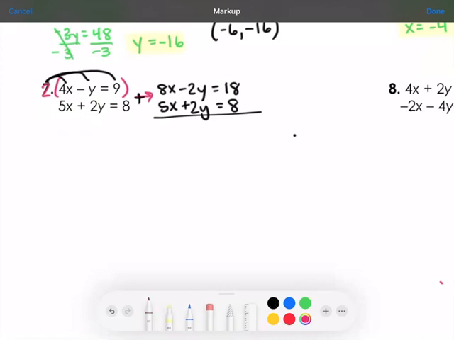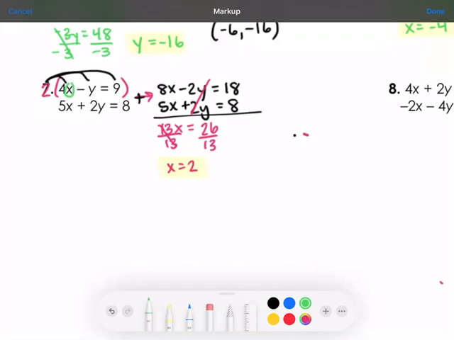I have 8x plus 5x, which is 13x, I believe. Negative 2y plus 2y cancels, and 18 plus 8 is 26. When I divide both sides by 13, I get x equals 2.